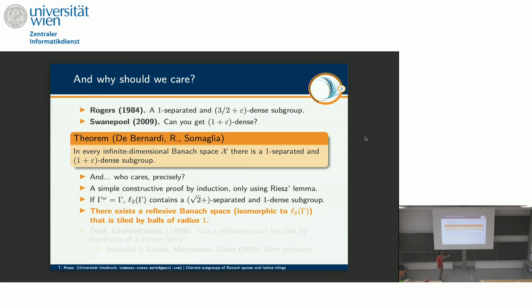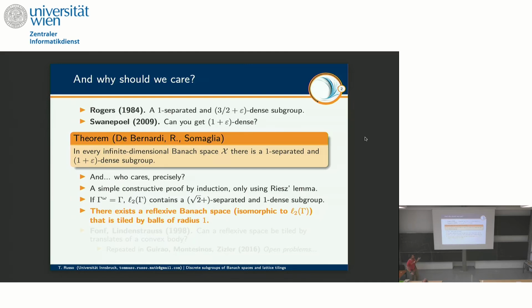So this could have been done in infinite dimensions. You can tile C0 by balls, take the square and move it around, you tile C0. There is a construction by Klee in which you can tile L1 by translates of the unit ball, but none of them is reflexive, while L2 is.